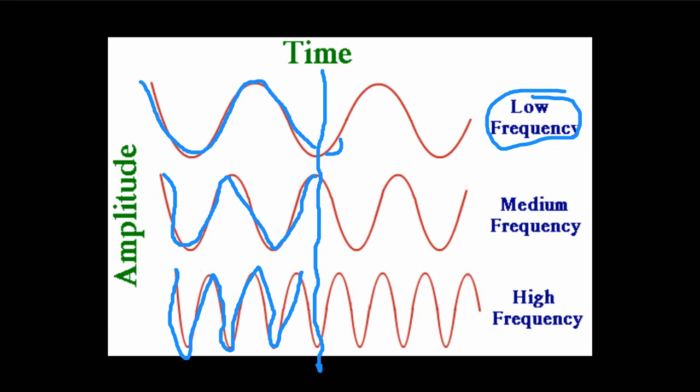I'm sorry, the low frequency is going to be 1.5. If it were 2, it would have been right here. So if this is 1.5 cycles occurring in 1 second, what about the high frequency one? 3.5. Good, 3.5. Yep.